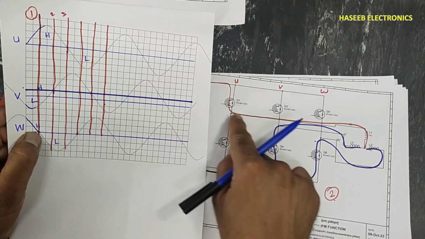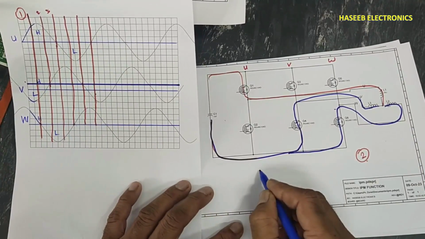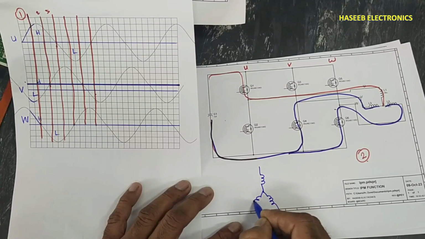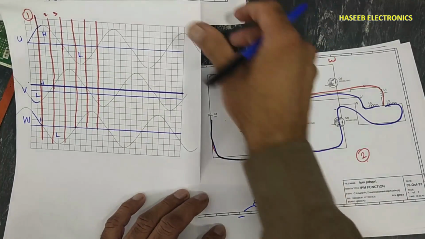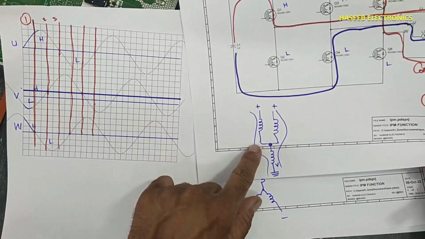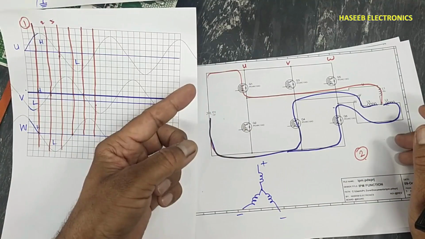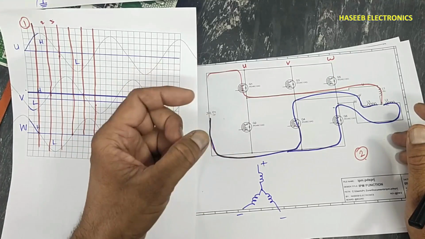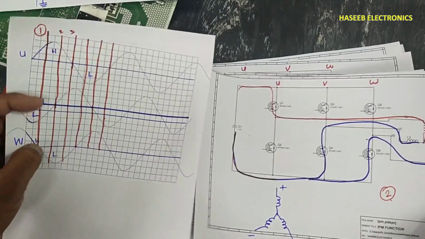Now positive voltage is reaching one winding, the other two windings negative, negative, positive. Now the current flow differs. When the current flow changes, the magnetic field will change automatically. So the rotor will be forced to move to the next position. So the rotor will rotate. This is condition number 2.